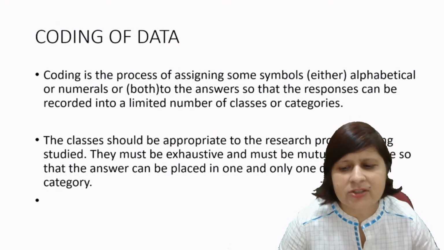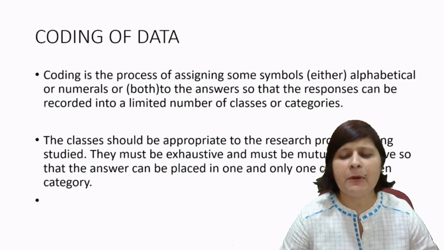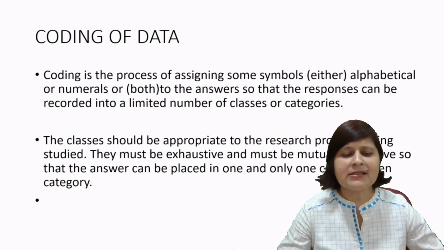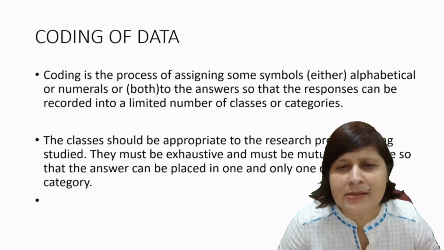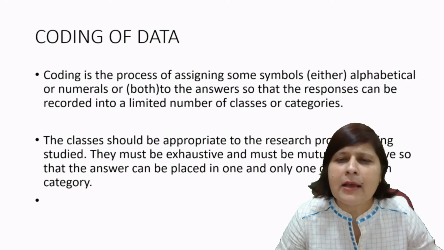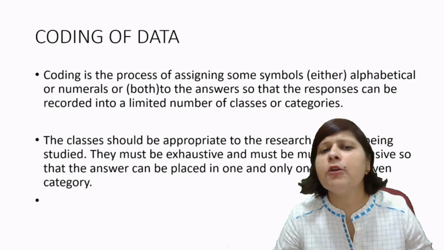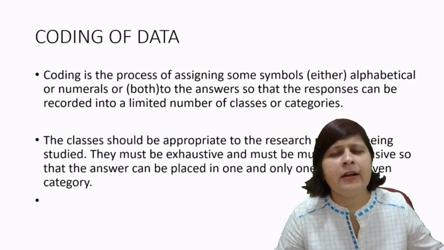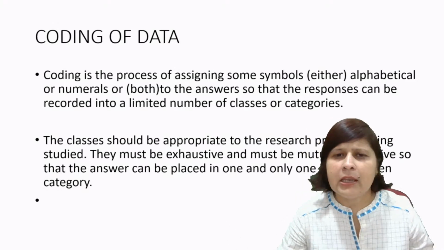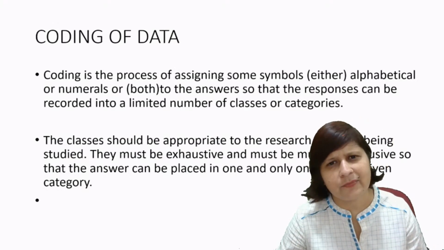They must be exhaustive and must be mutually exclusive, so that an answer can be placed in one and only one cell in a given category. Exhaustive and mutually exclusive means that a response should fall in either of the categories, either in category 1, 2 or 3, and there should be no response that can fall under more than one category, either male or female or transgender or other genders.